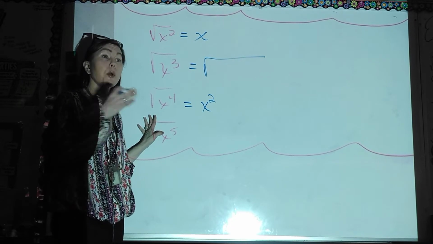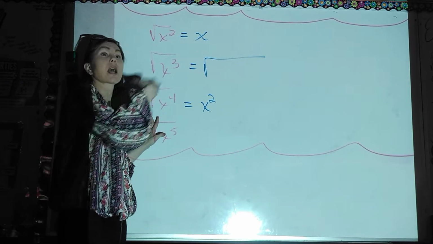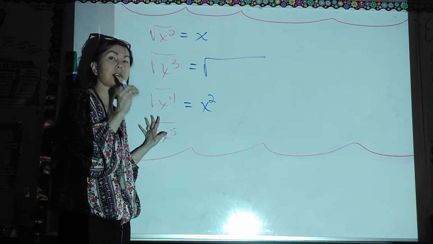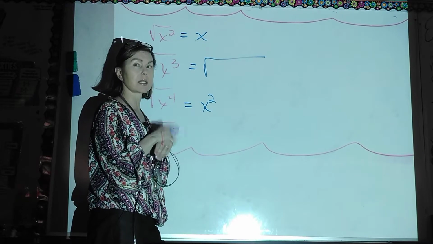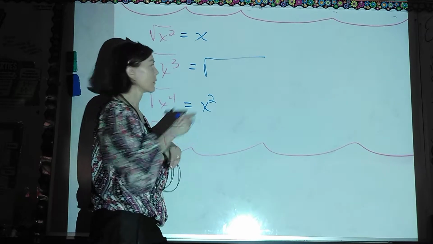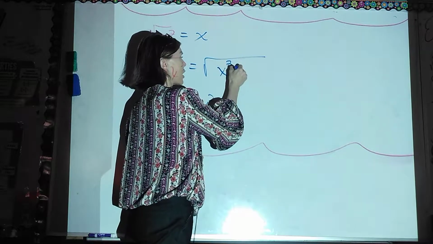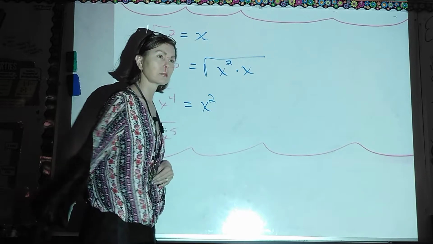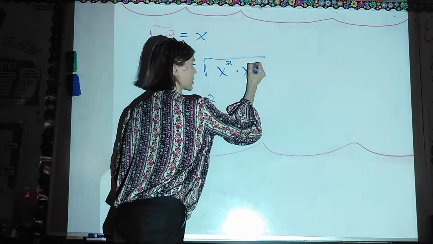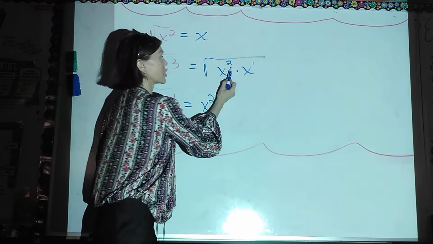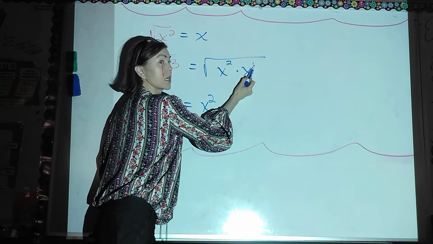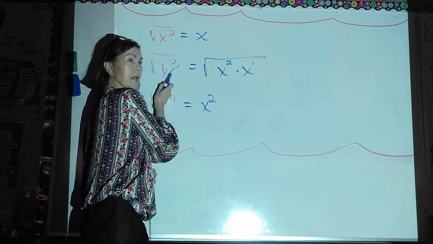And we have to put the perfect square first. So what times what in variable form would give me x to the 3rd? I'm going to tell you. It's going to be x squared times x. Even though it's not there, you know there's a little 1 there, right? Because 2 plus 1 is 3.